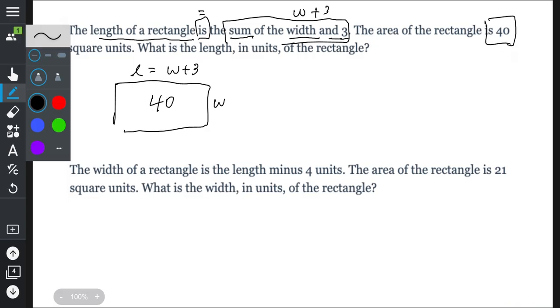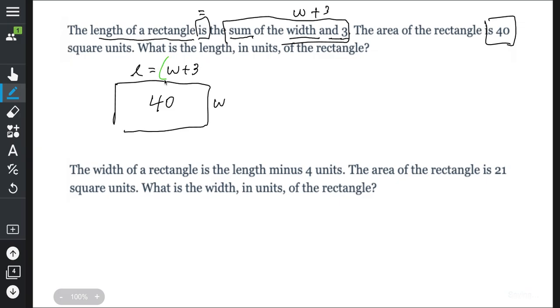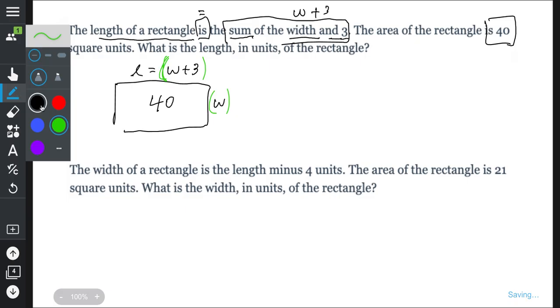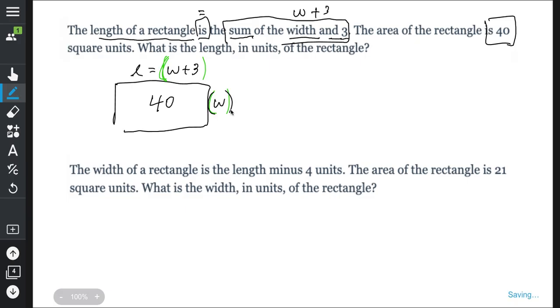Okay. So we're going to multiply these two. We're going to multiply W plus 3 times W, and that's going to equal 40. Let's do it. W times W plus 3 equals 40. Now we distribute. W squared plus 3W equals 40.